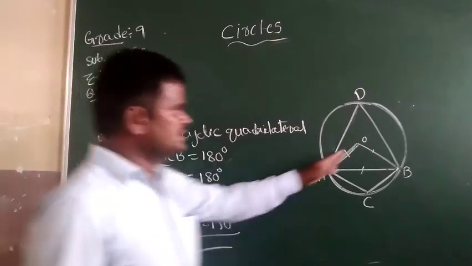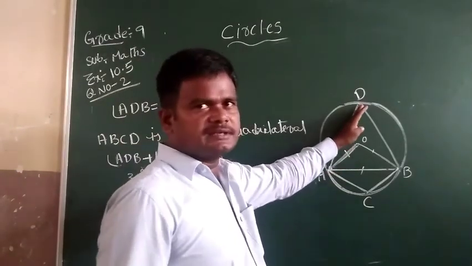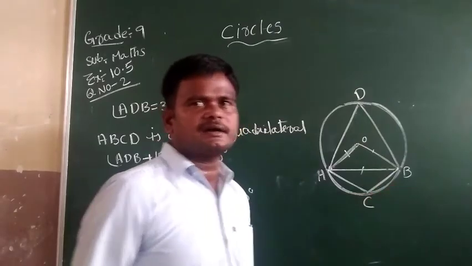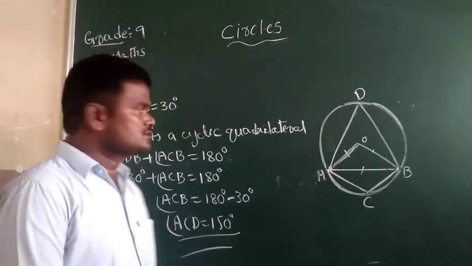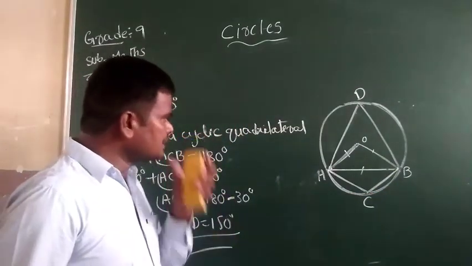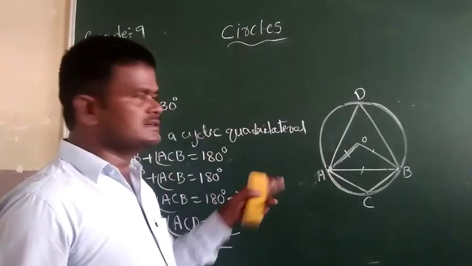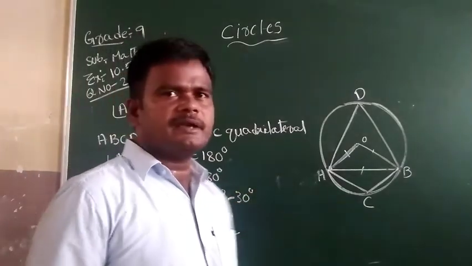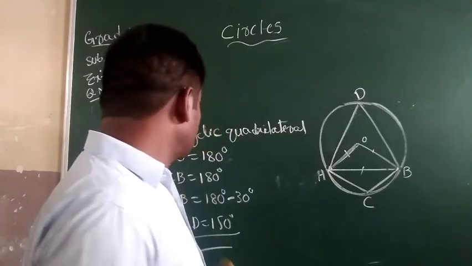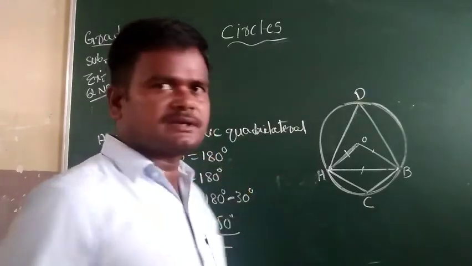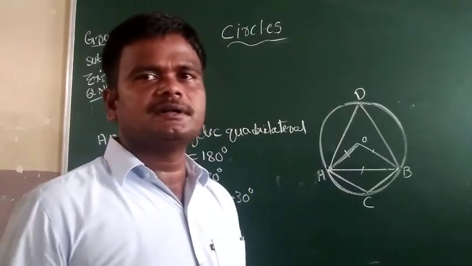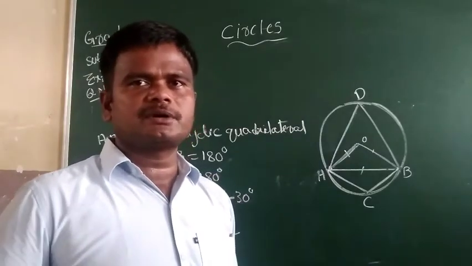So this angle is 30 degrees and this angle is 150 degrees. So the angle subtended by the minor arc is 150 degrees and the major arc is 30 degrees. This is the solution of problem number 2.